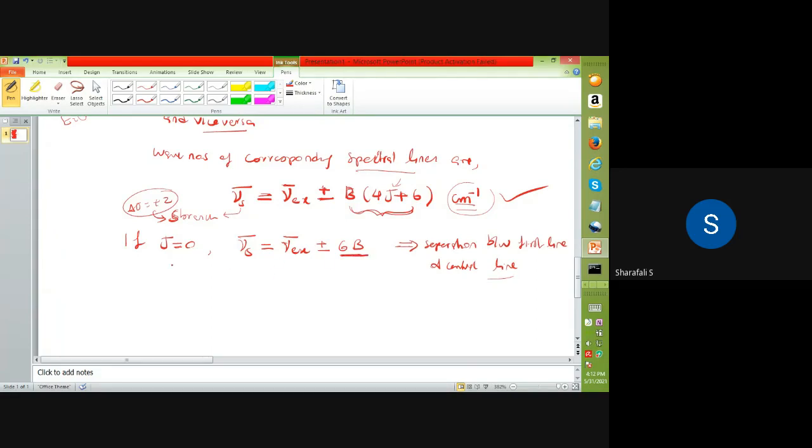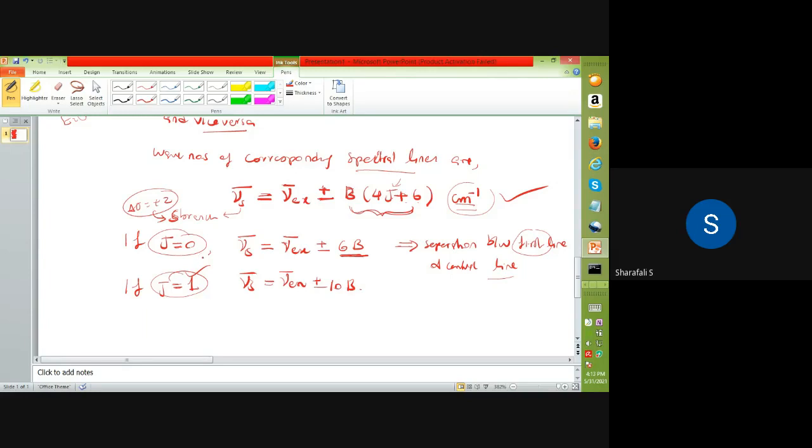If you put any other value, for example J equal to 1, what will happen? Nu S bar will become nu excitation plus or minus, and 4J will become 4, plus 6, so totally it is 10B. So what is the difference between the J equal to 1 line and the J equal to 0 line? This is your first line, and this is your second line when J equal to 1.